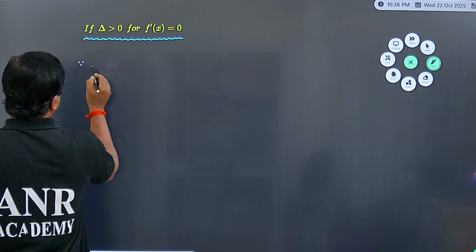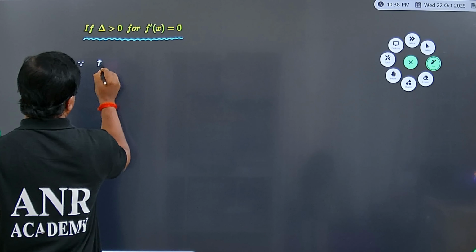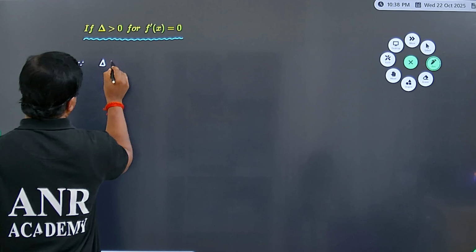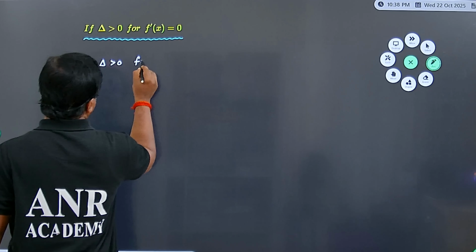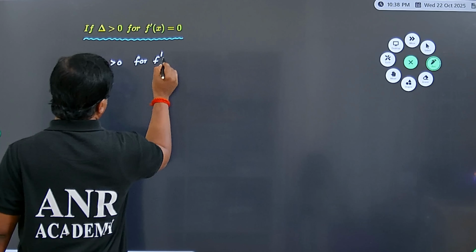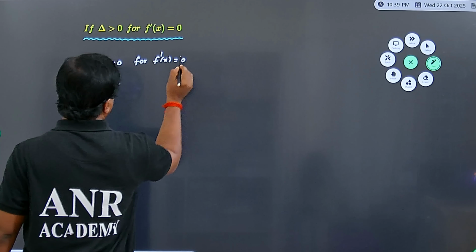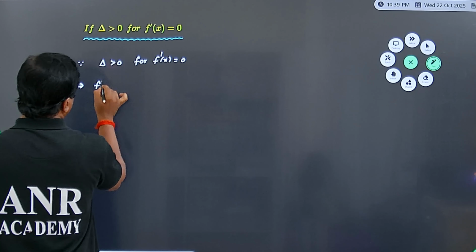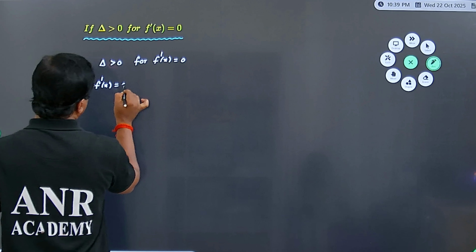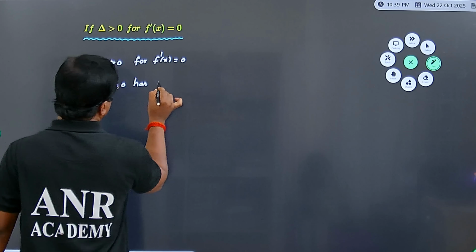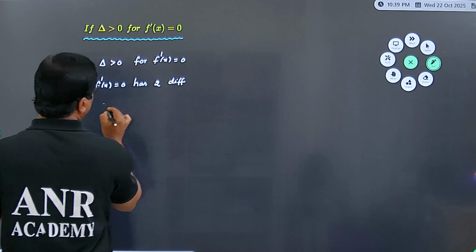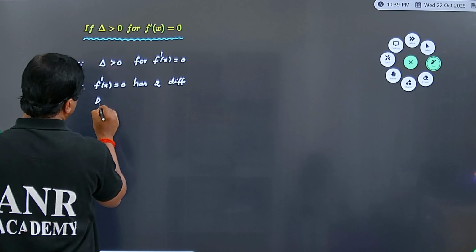Therefore, here I can write, since delta value more than 0 for f dash of x equal to 0 implies, I can say that f dash of x equal to 0 has 2 different real roots.